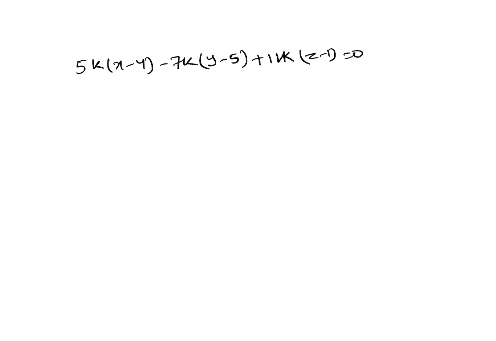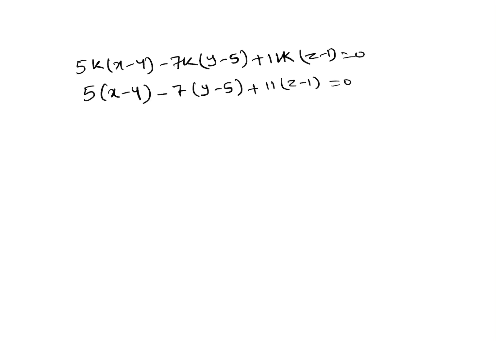Now take K as common, so it becomes 5(x - 4) - 7(y - 5) + 11(z - 1) = 0.